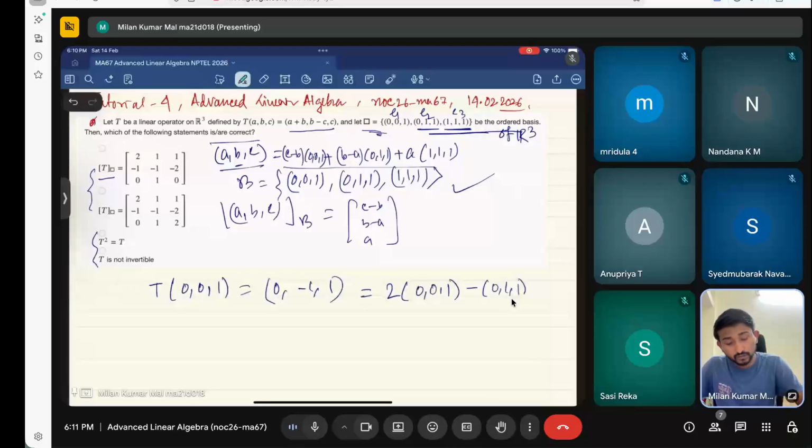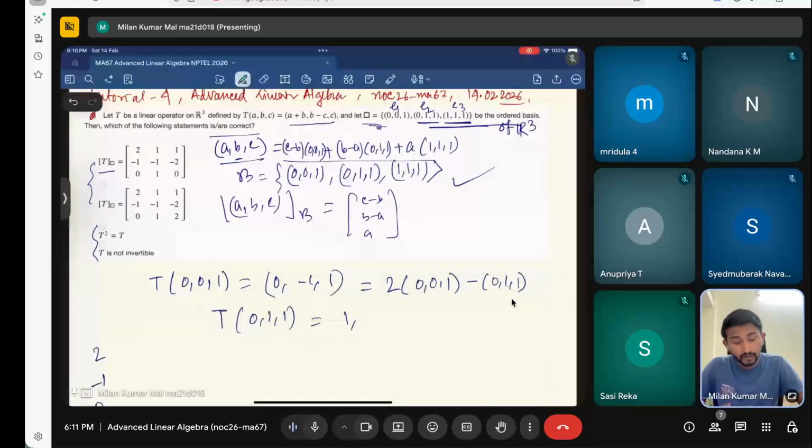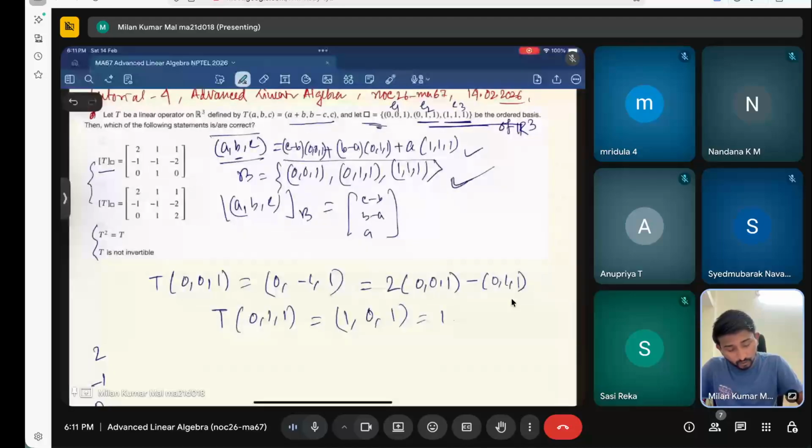So according to C minus B comma 0 0 1, C minus B is actually 1. So 0 comma 0 comma 1, this is the first vector. B minus A, that is minus 1, and 0 comma 1 comma 1, and A, that is 1 comma 1 comma 1. So this will be like 1 minus 1 1. So this is the column vector with respect to this order basis, 1 minus 1 1.